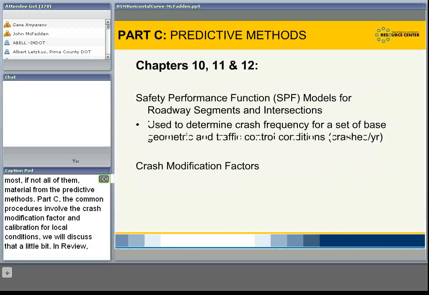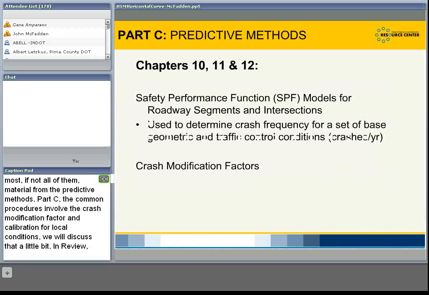The roadway segment prediction model is shown in this slide. What you see is capital N subscript predicted RS, which refers to the number of predicted crashes for your roadway segment.